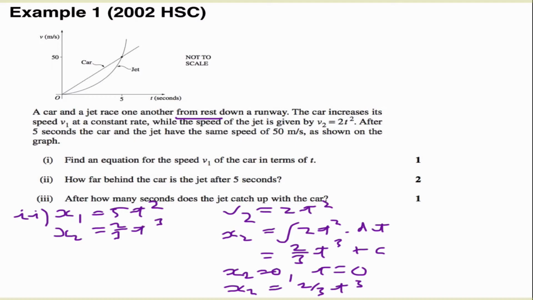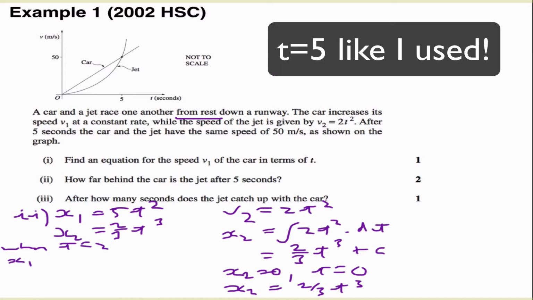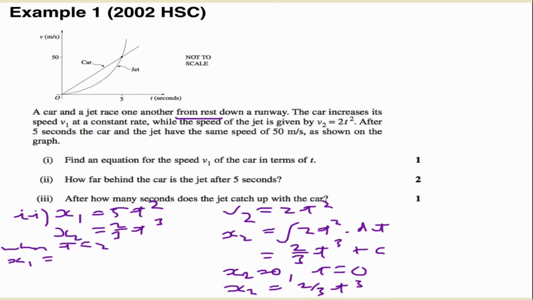So now we need to substitute into those two expressions. When t is equal to 5, we get x1 is equal to 5 times 5 squared, which is 125, and x2 is equal to 2/3 times 125, which is 250 divided by 3.